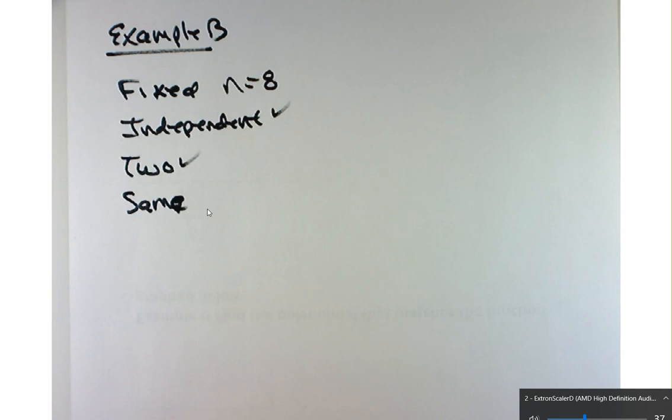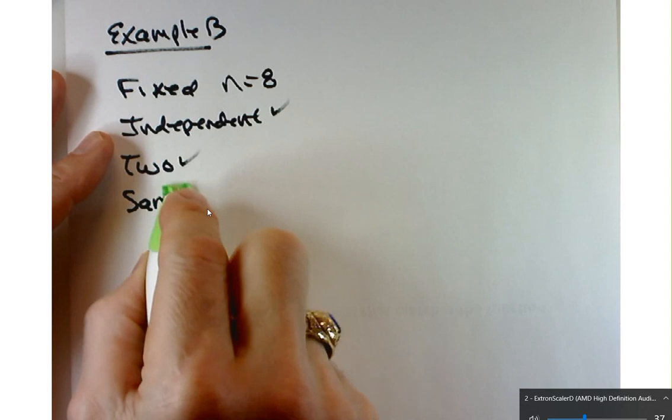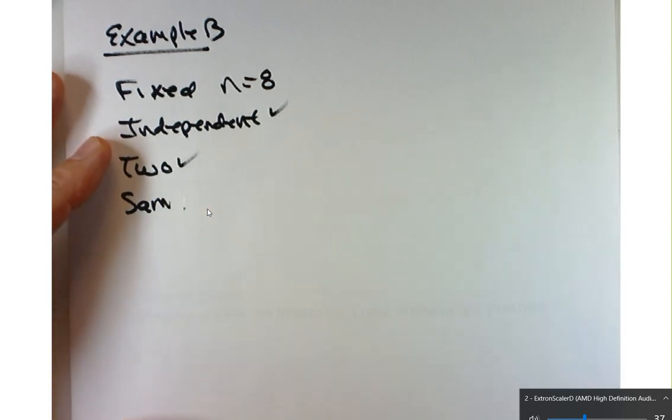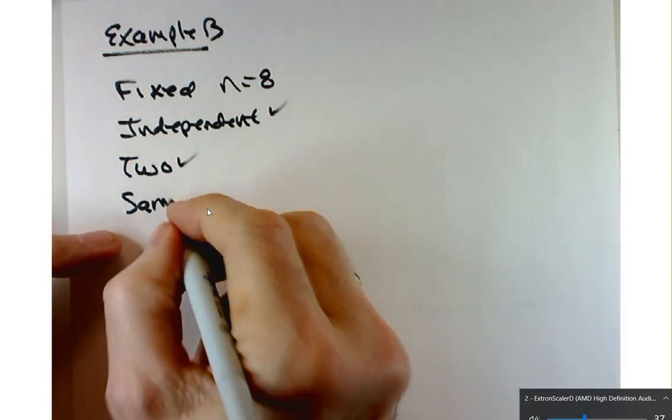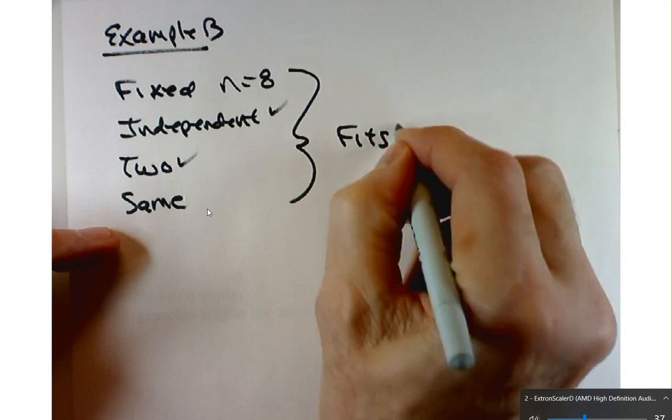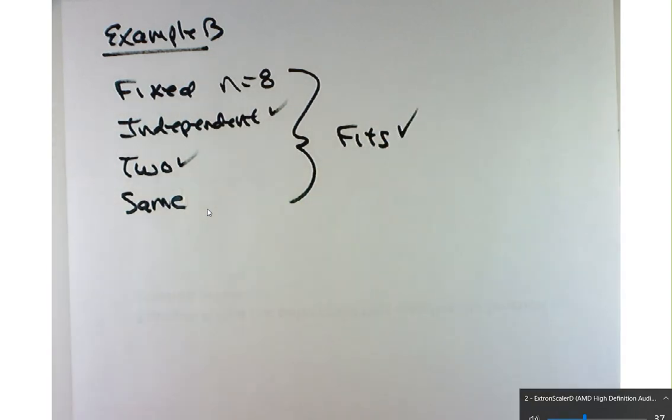Presumably they have 2 correct answers out of the 5 that are there. That will give you your 0.4 probability of guessing correctly, but the bottom line is that it fits. So this is a binomial random variable. We can apply our binomial probabilities, so great.